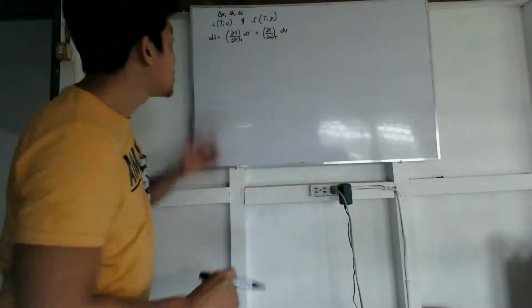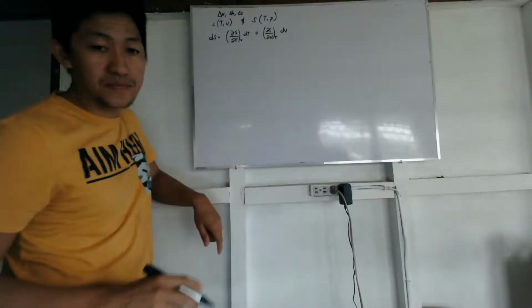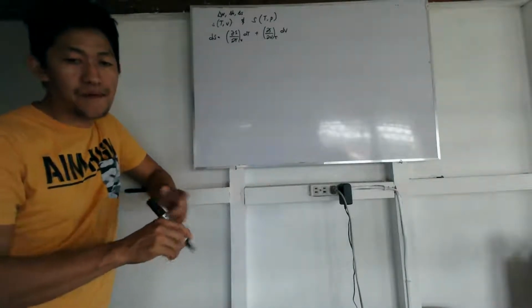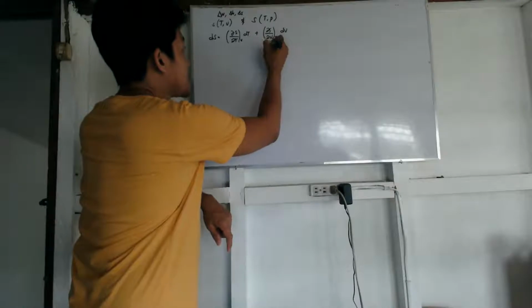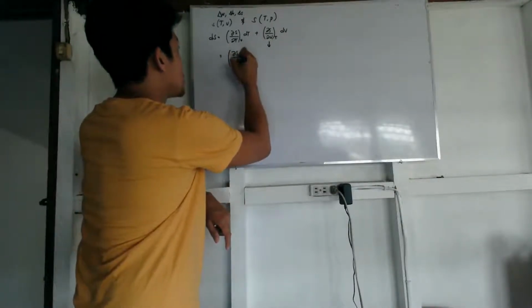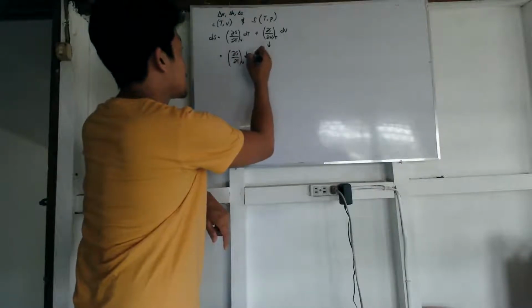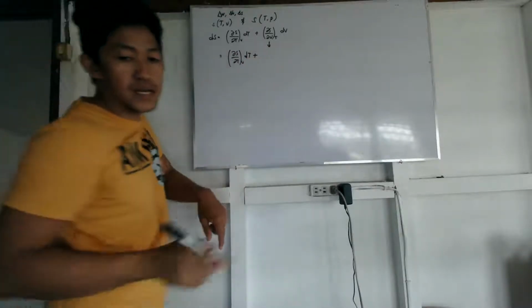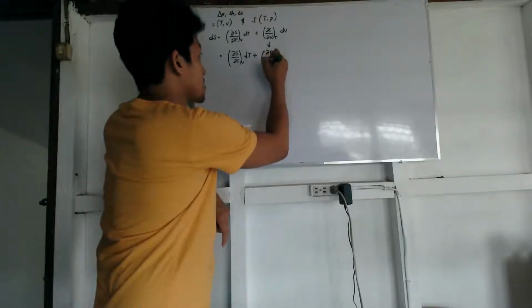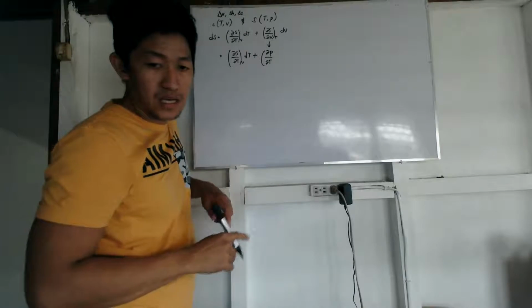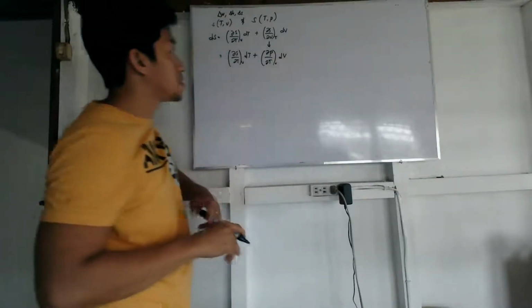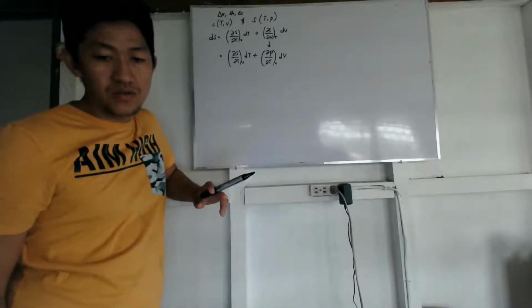And then, from the Maxwell relation, recall the Maxwell relation, this is just equal to partial of P with respect to T at constant volume. Okay?